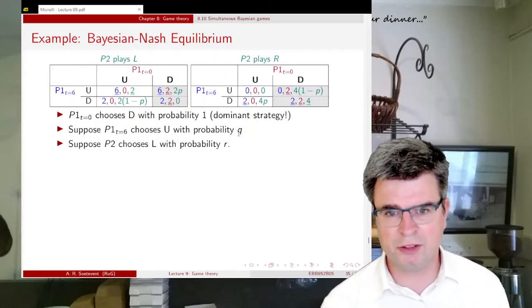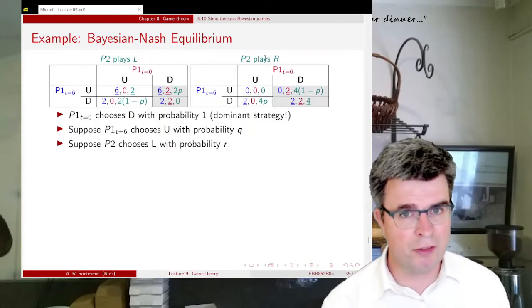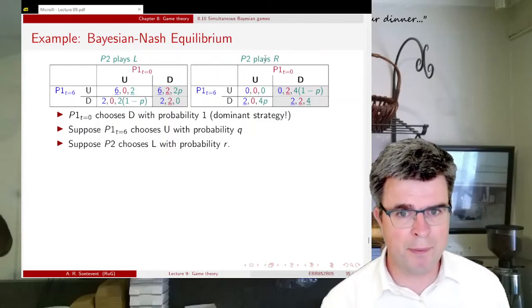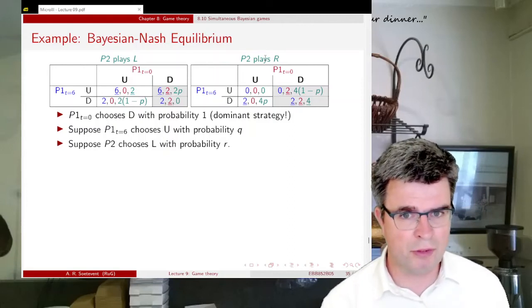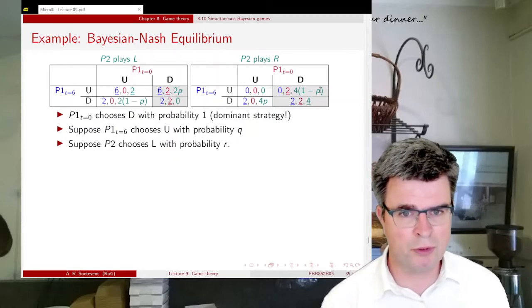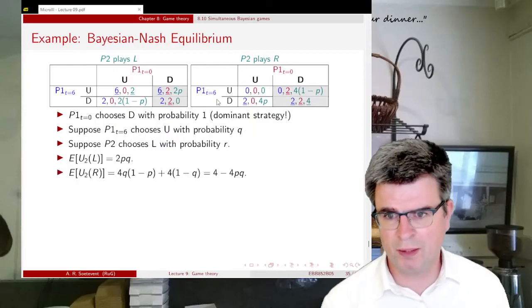These are the decision variables, Q and R, and the P is given. It just determines the probability with which player 1 is of type T is 0 or T is 6. So player 1 cannot influence this probability.